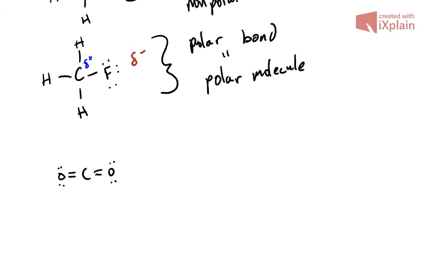So oxygen is more electronegative than carbon, and so the oxygen is going to hold more of the electrons than the carbon will. The oxygens want the electrons more, and so those electrons that are being shared would be shared unequally towards the oxygen side.